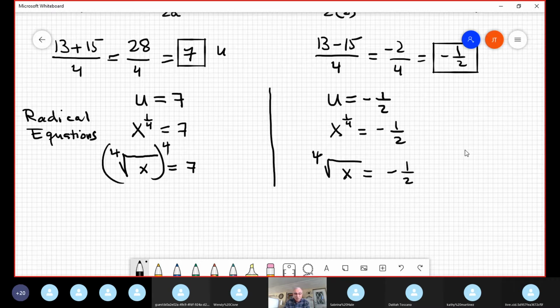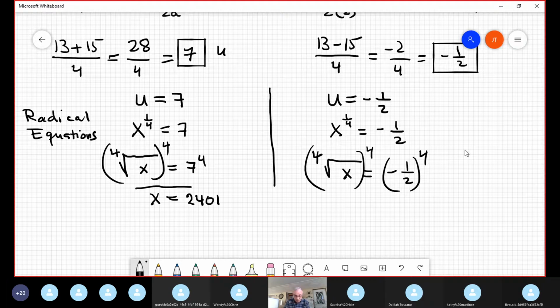You raise to the 4th power, because I know that when you raise to the 4th power, the power and the radical cancel each other out, and we get x equals 7 times 7 times 7 times 7, 4 times. Put it in the calculator, whatever you want: 2,401. Okay, and this is my first potential solution.